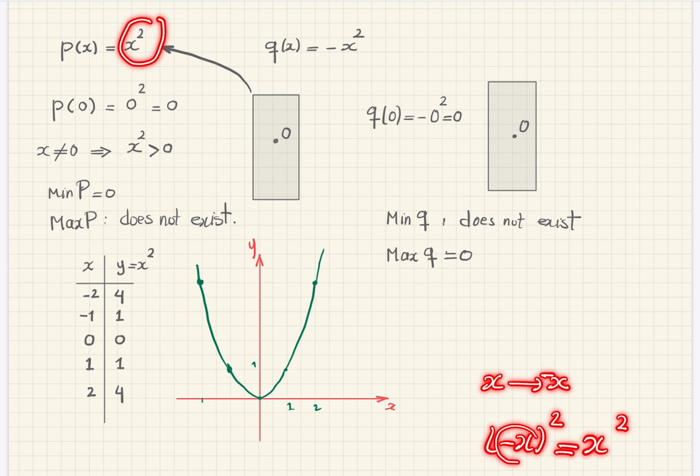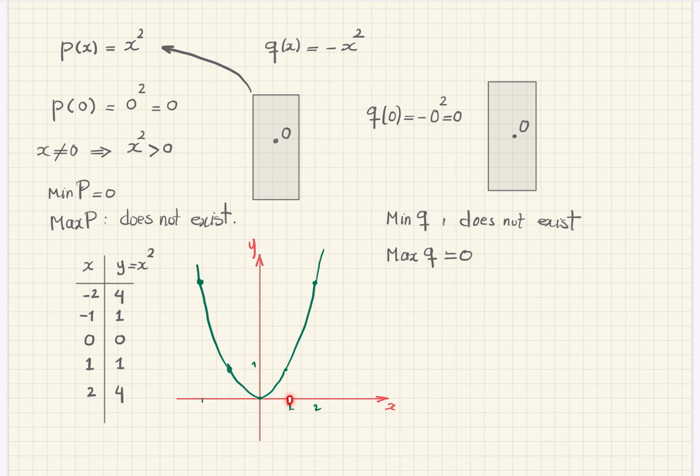So even though I am changing the value of x, I will go to the same height, because they have the same values. So if I choose 1 and I go to height 1, this is the same as if I choose minus 1, I will also go to the same height. So the final points are symmetric with respect to the y-axis.